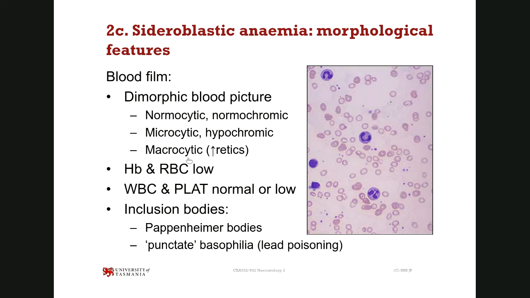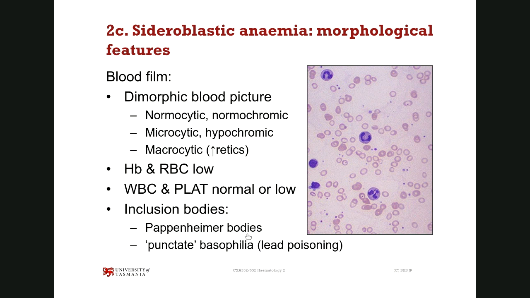And because red cell production is being affected, the hemoglobin and the red cells are both low. White cells and platelets can be normal or low depending on what else is happening at the time. And again, with our sideroblastic anemia, because we've got this iron dysregulation, we can have Pappenheimer bodies in the red cells. And remember, we can see the Pappenheimer bodies in our normal MGG stains.